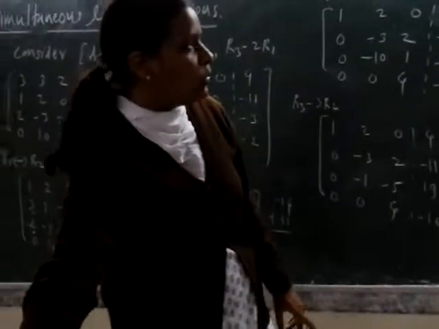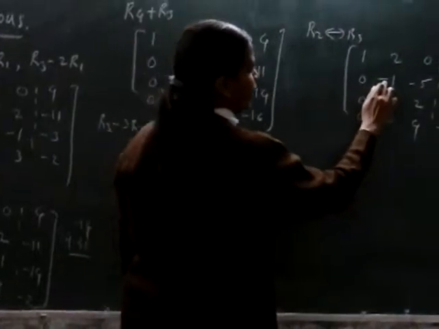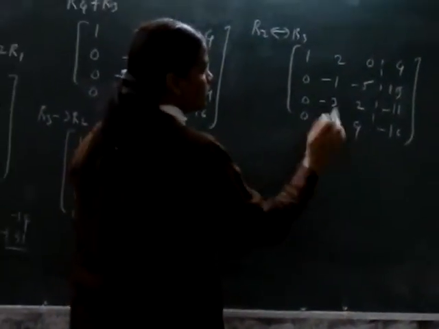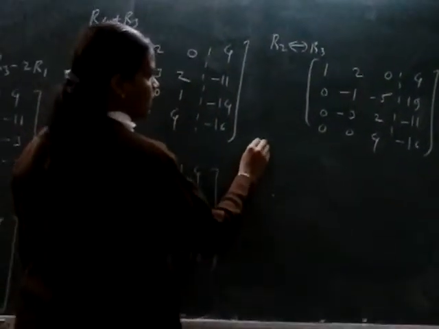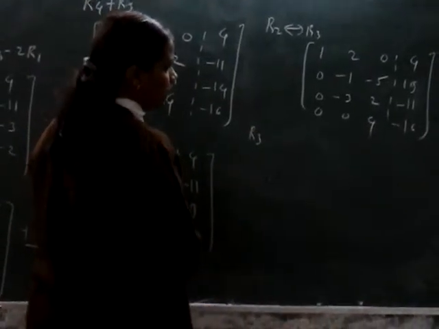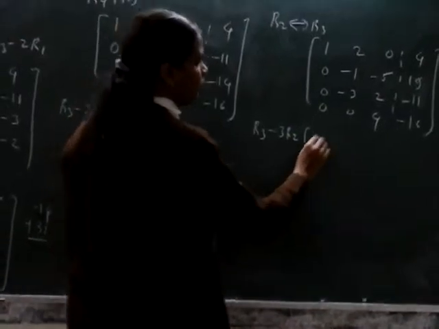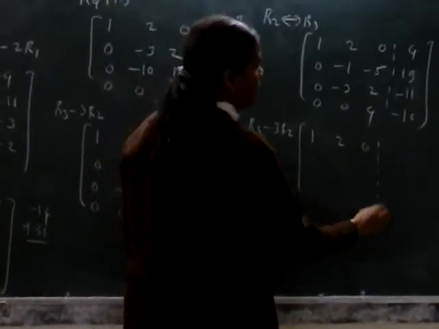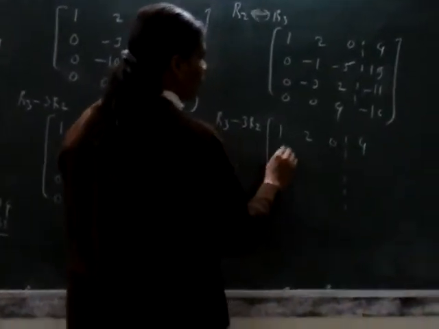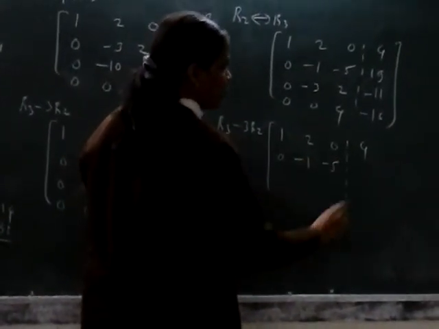Now the next operation is by using that minus 3 we will make that minus 3 into 0. Then next operation here it is R3 minus 3R2. That is 1, 2, 0, 0. Next here is 4, 0, minus 1, minus 5.